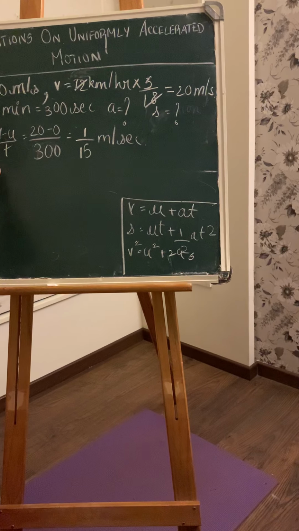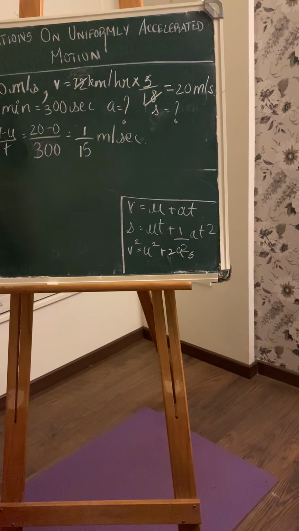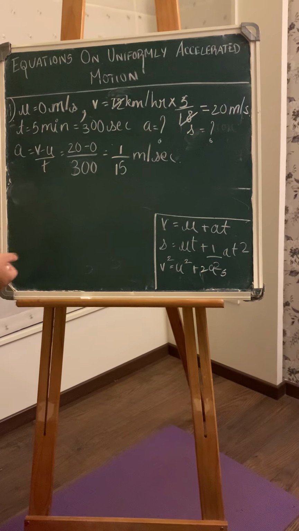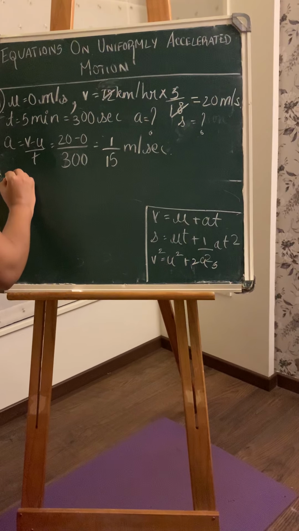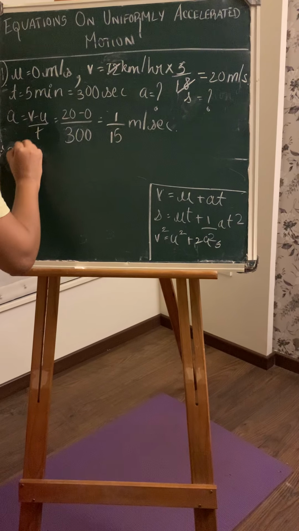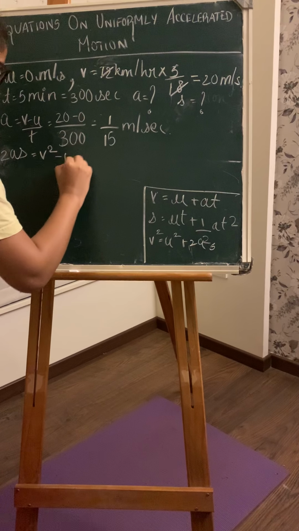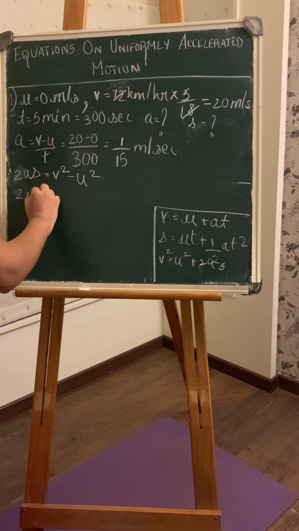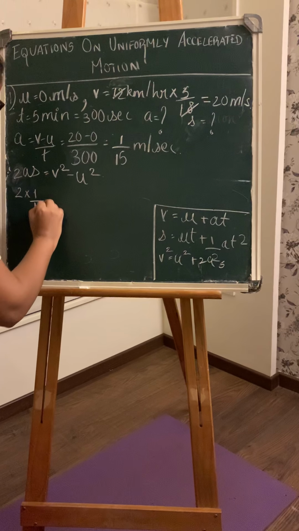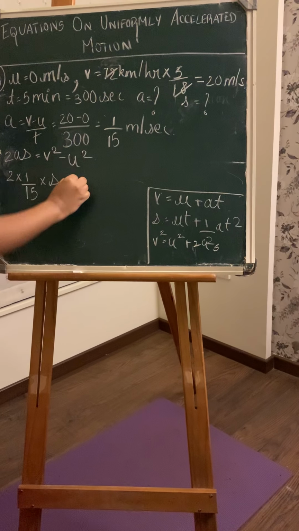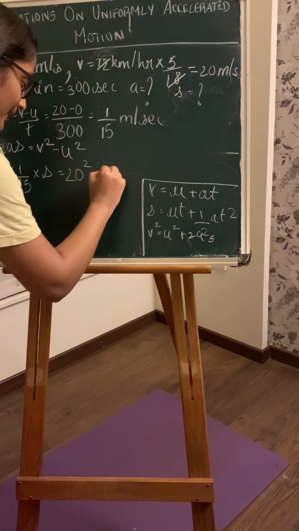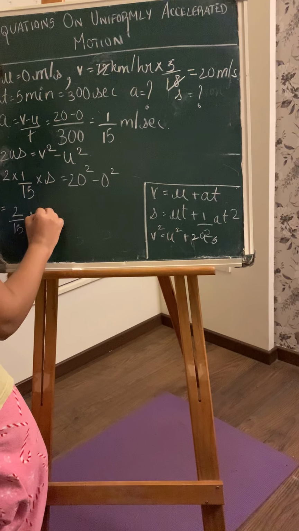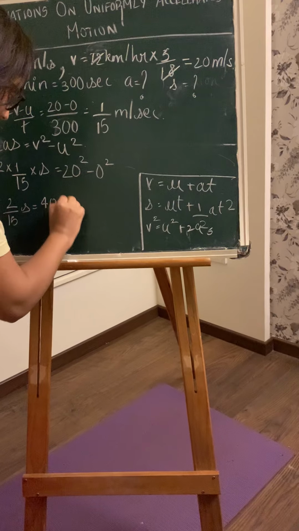Now they have asked us to find the displacement or the distance. So I'm going to use one formula for the three problems. First, let's use the last one. We have 2AS is equal to V square minus U square, which gives us 2 into acceleration 1 by 15 into S, which we have to find out, is equal to 20 square minus 0 square, which is 2 by 15 S is equal to 400.